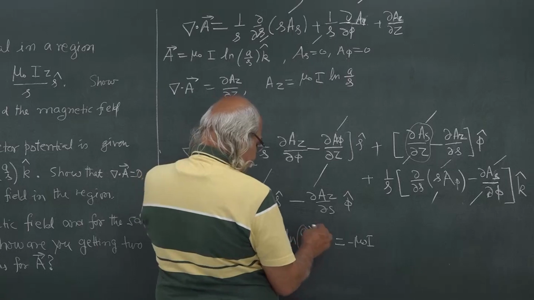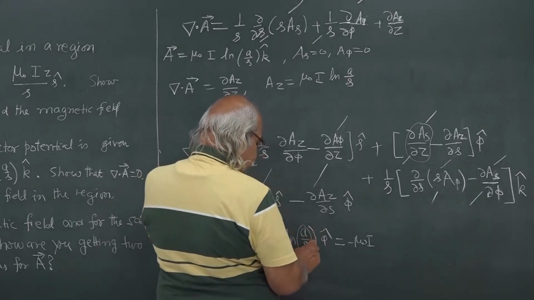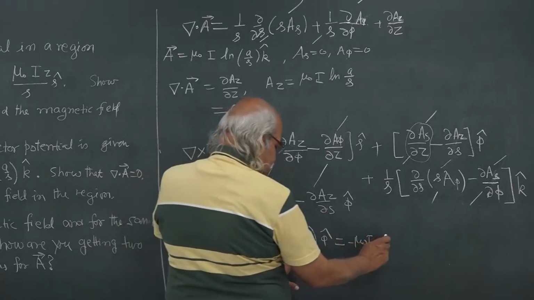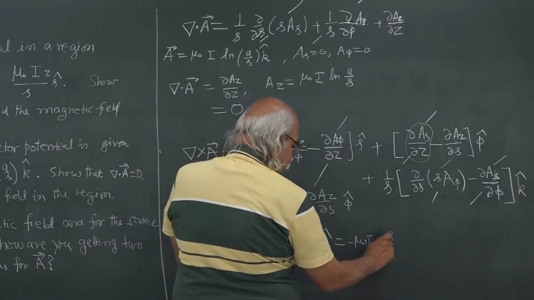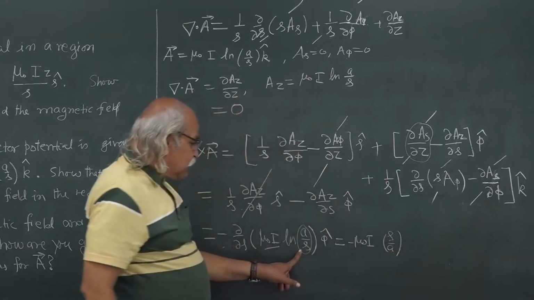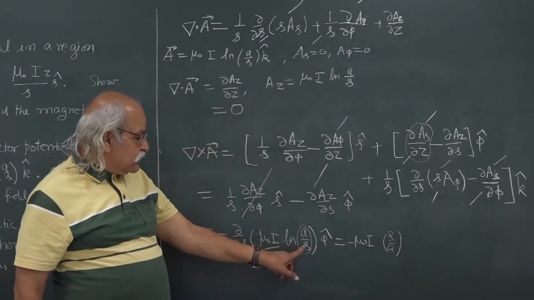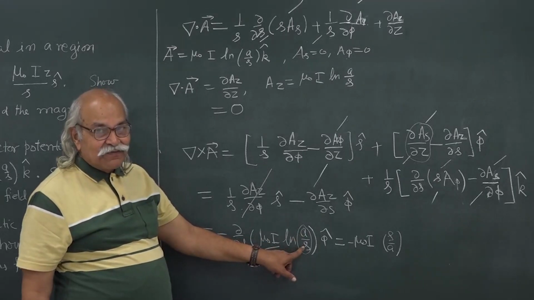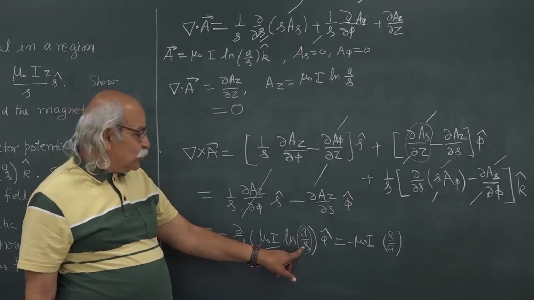You get ln of A by S differentiated with respect to A by S, which is just the reverse, S by A, and then you differentiate A by S with respect to S. That is the rule of differentiation, the chain rule.